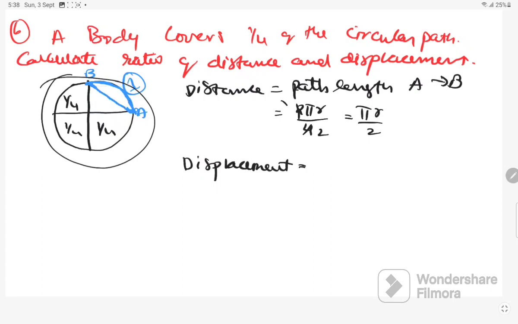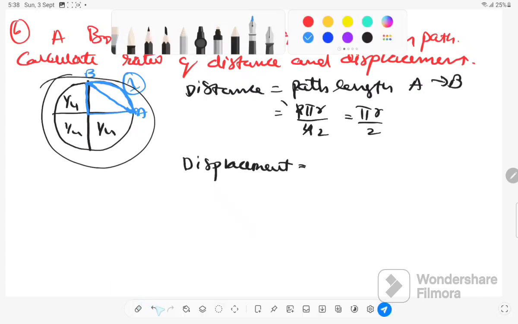Again, it's going to form a right angle triangle here, isn't it, student? A to B is the displacement. If I join this, isn't it looking like a right angle triangle? Consider this point as O.